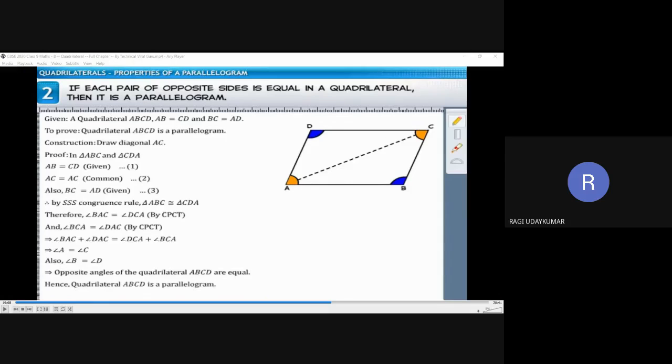You see 8.1: a diagonal of a parallelogram divides it into two congruent triangles. That we have already proved. With the help of that only we proved that opposite sides are equal in a parallelogram. With the help of that, the second theorem is proved. Now see 8.3.